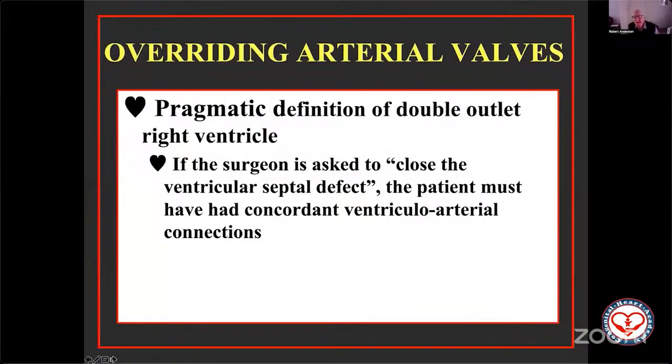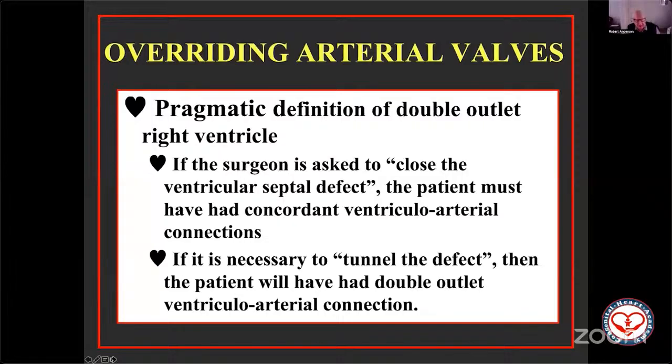So what we can now do on the basis of the extent of override is give a pragmatic definition for what is double outlet right ventricle. And it all depends on what you, as the diagnostician, are going to ask the surgeon to do. Because I hope now you will agree that if you say to the surgeon, please close the ventricular septal defect, that means that initially the patient, in the setting of the overriding arterial valve, must have had concordant ventriculo-arterial connections.